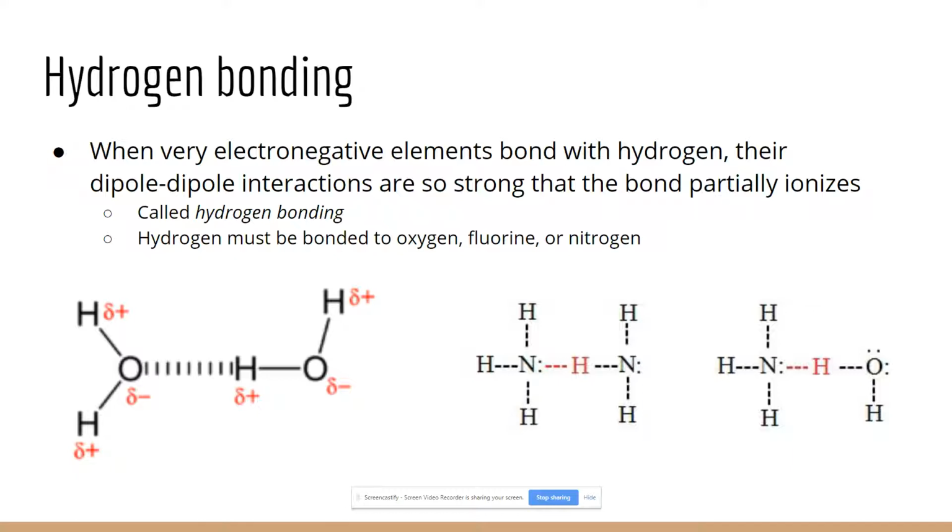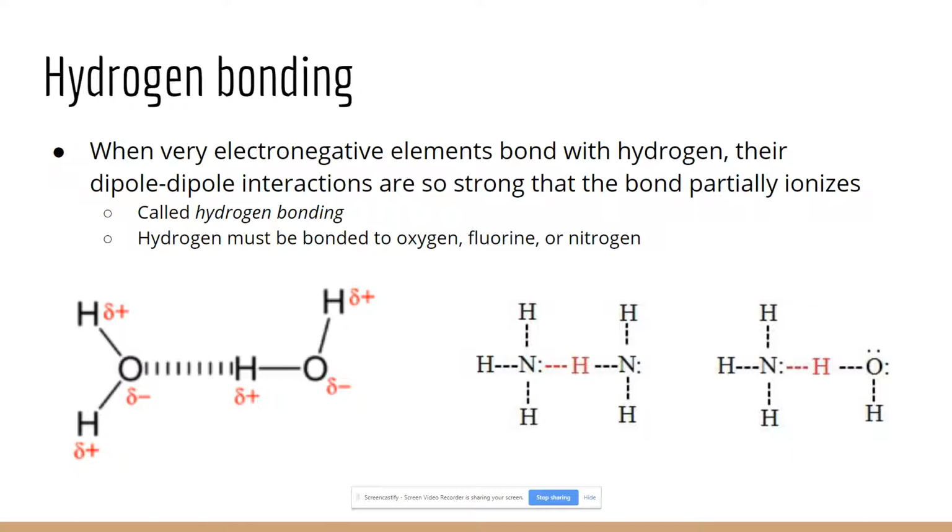Hydrogen bonding is a subset of dipole-dipole interactions, but these can only occur when you've got hydrogen that is bonded to oxygen, nitrogen, or fluorine. Oxygen, nitrogen, and fluorine are the three most electronegative elements on the periodic table.